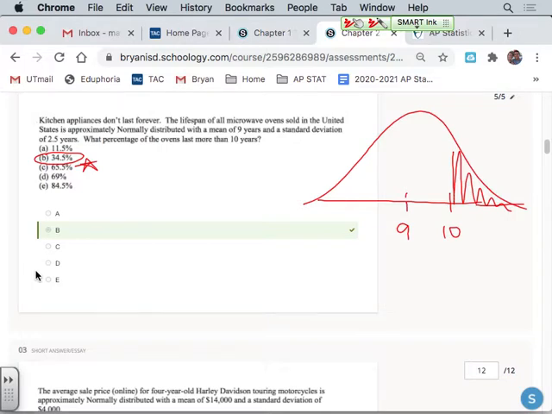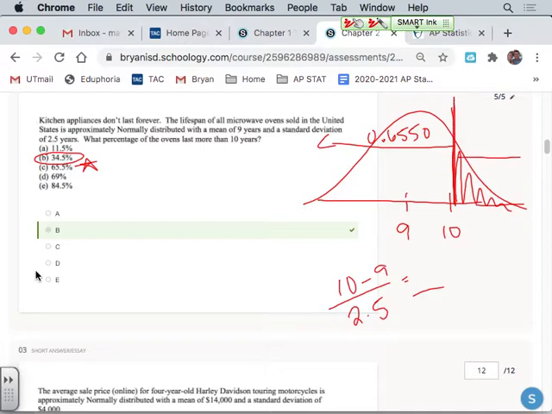Because what happens is you do the z-score, you do 10 minus 9 divided by 2.5, and it's something, I could probably do it, probably should do it. You look that up on the z-table, and on the table, it tells you the number, probably close, it's like 0.6550, something like that. So then you're like, oh yeah, 6550. Oh look, there it is right there, 655. That's the right answer. No, so this is talking about greater than.